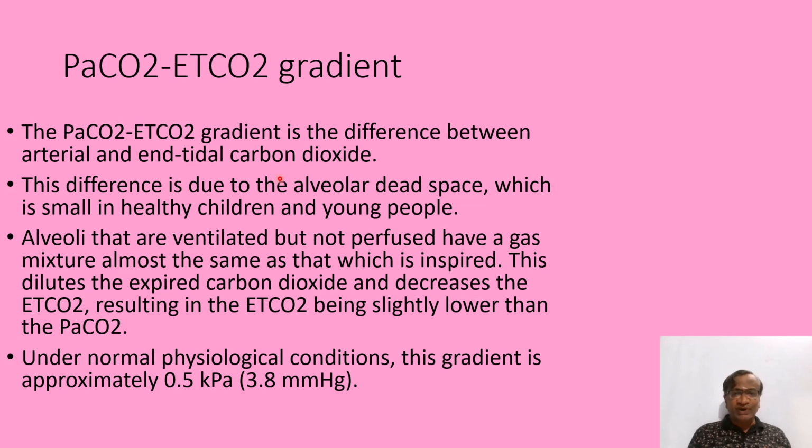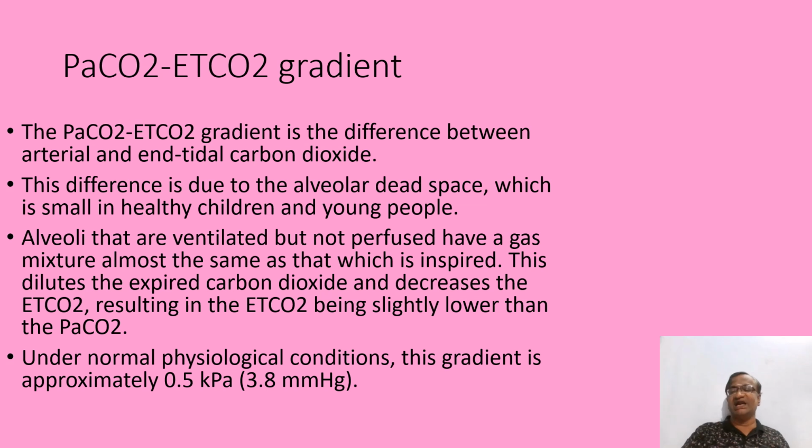The difference is due to alveolar dead space, which is small in healthy, ventilated children, that is ventilated but not perfused. This is very simple to understand. An alveolus is ventilated, but there is no blood flow, not perfused. This becomes dead space. What is the opposite? Alveolus is not at all ventilated, but blood is flowing.